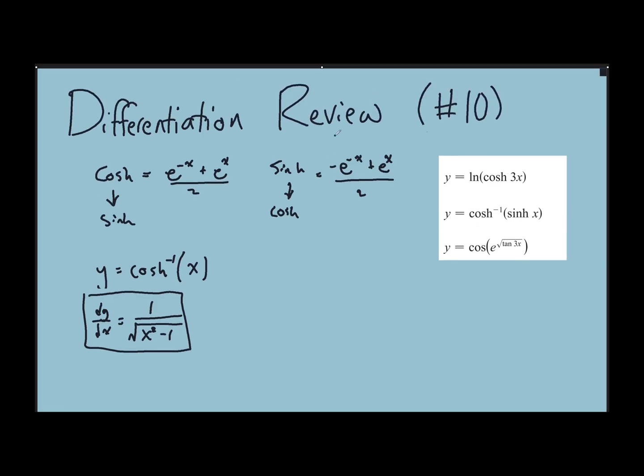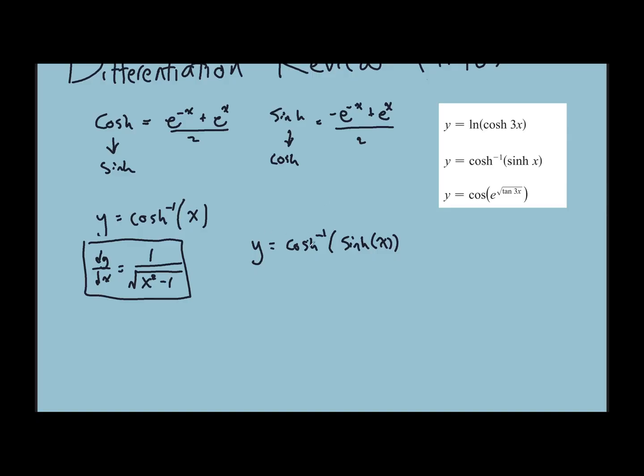What's the actual problem? y equals hyperbolic arc cosine of hyperbolic arc sine of x. So chain rule, right? It's outside and inside functions. So y prime is going to be 1 over the square root of hyperbolic arc sine of x squared minus 1 times the derivative of the inside, which would be hyperbolic cosine of x.